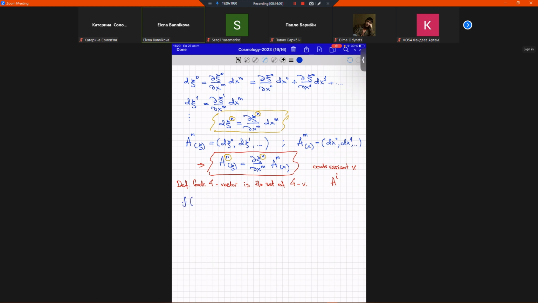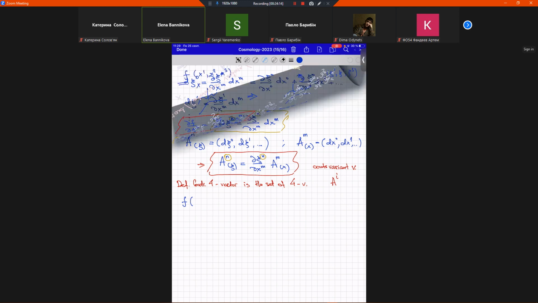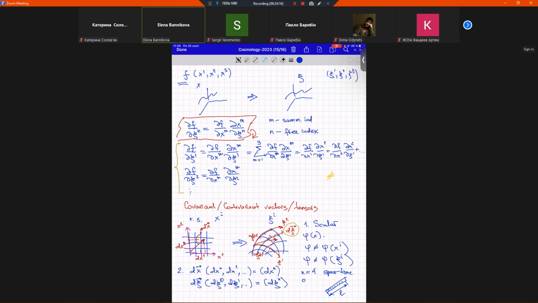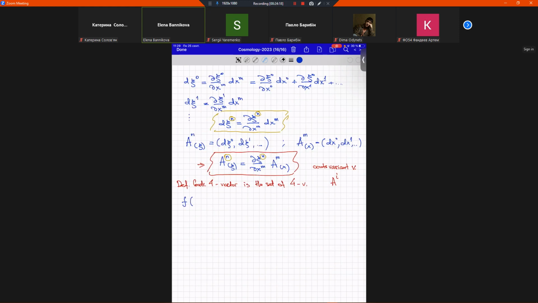Before, as a number, we considered just one value which doesn't depend on the coordinates; now we consider a scalar function. For us it's interesting how this scalar function, which in one coordinate system is a function of xn, will transform, how it will look in the reference system xc.